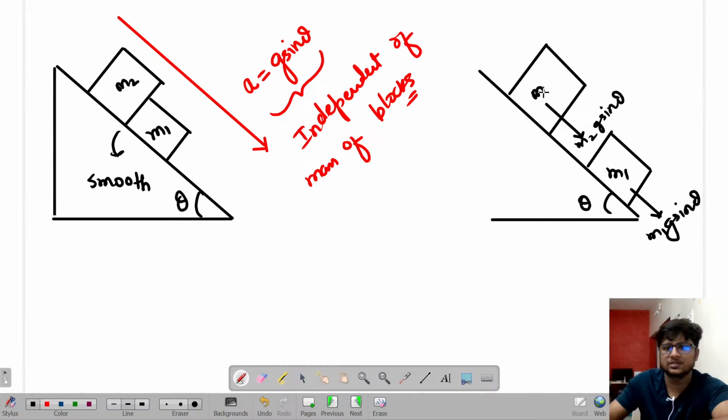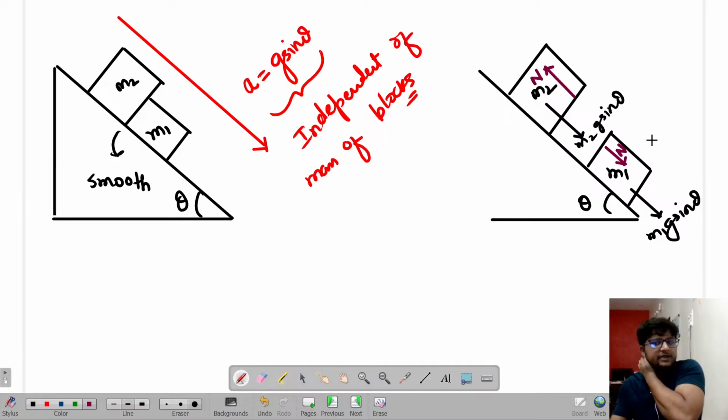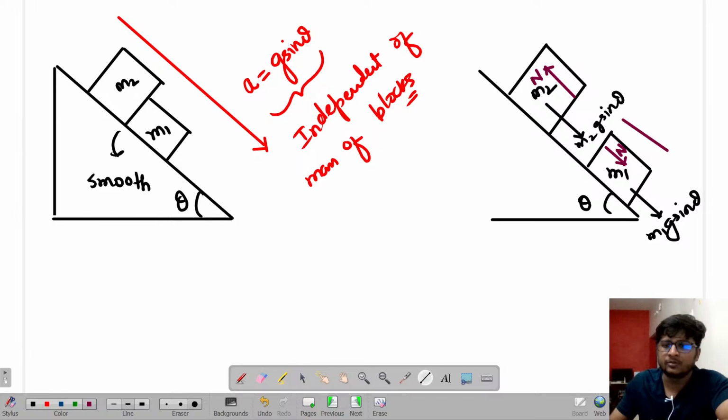Now, let's assume that M2 would have been pressing M1. So the normal will be in this direction, and M1 will have an equal and opposite reaction on M2 in this way. So if I want to find the value of normal, it is accelerating with acceleration a.